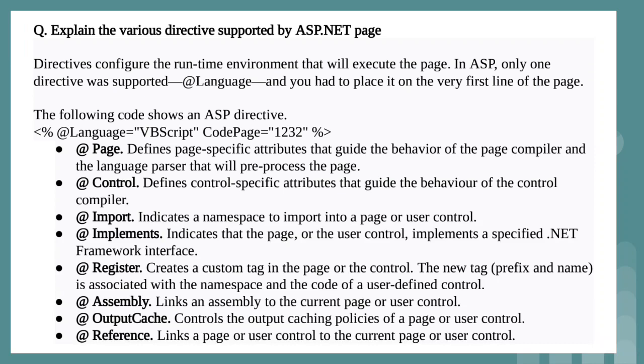So in that situation, we want all the controls designed with the help of 2010 to appear in the same manner as in 2012. So we can make use of the @implements directive, which deals with the pages and user controls which we have imported, and that should be supported in different .NET frameworks. That is, as we change the software, the .NET framework also changes.